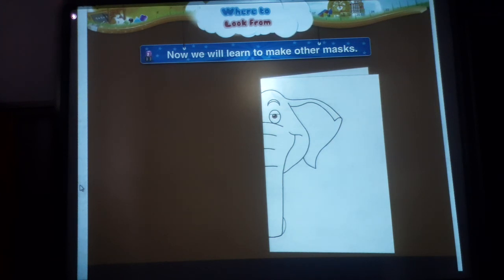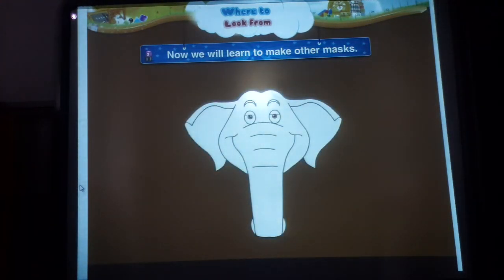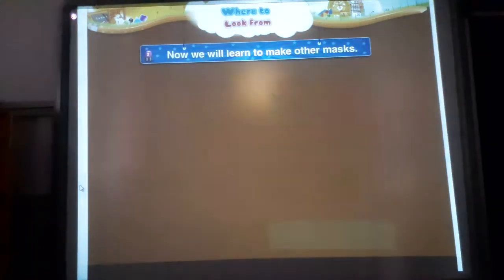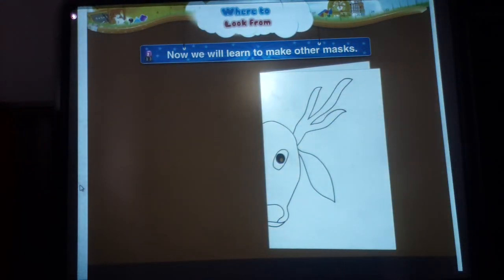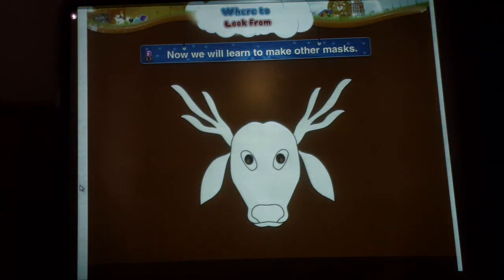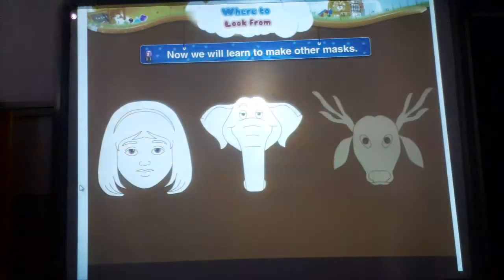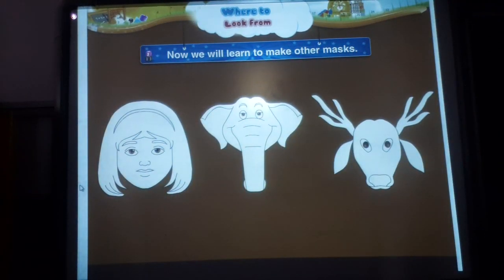Using this part, if we draw the other half, then the full face of the elephant will be formed. In the third picture, draw the remaining half part same as the given half part. Thus, if the half part like this is drawn, we can draw the same remaining half part as the given one to get the mask of the given face.